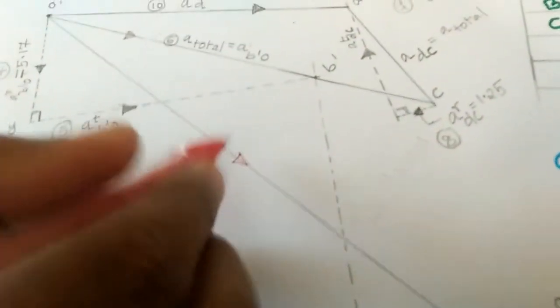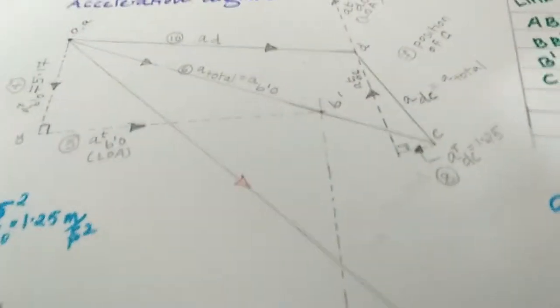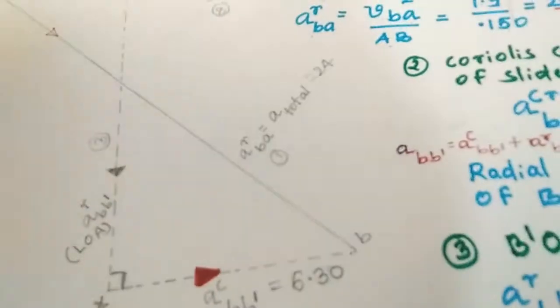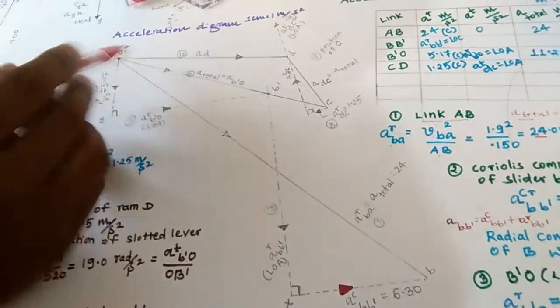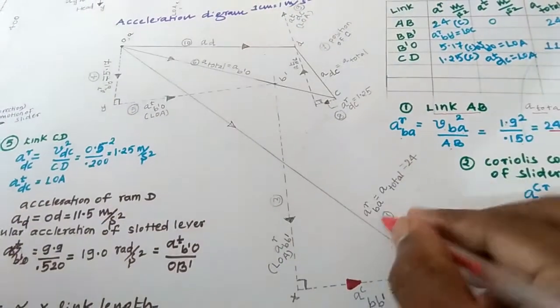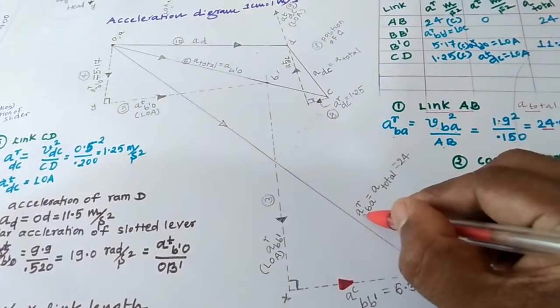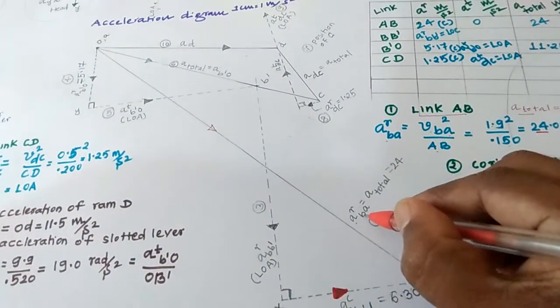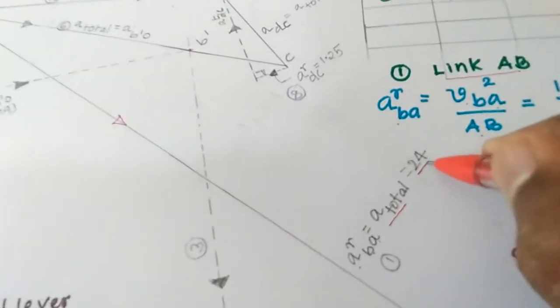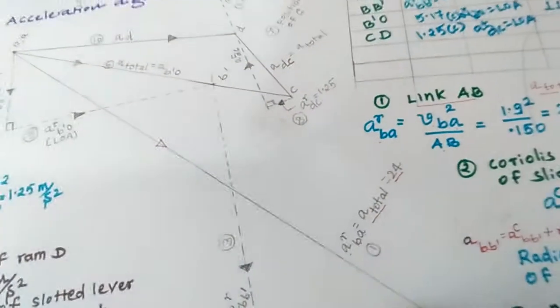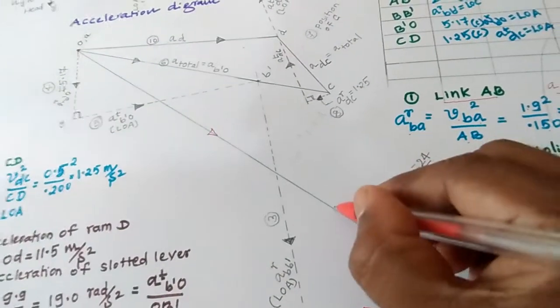I have drawn OA in the downward direction. Then the acceleration of B with respect to A, I have taken as radial, that is the total only. It comes as 24, I have taken it as 24 centimeter. I have completed this as the first one.